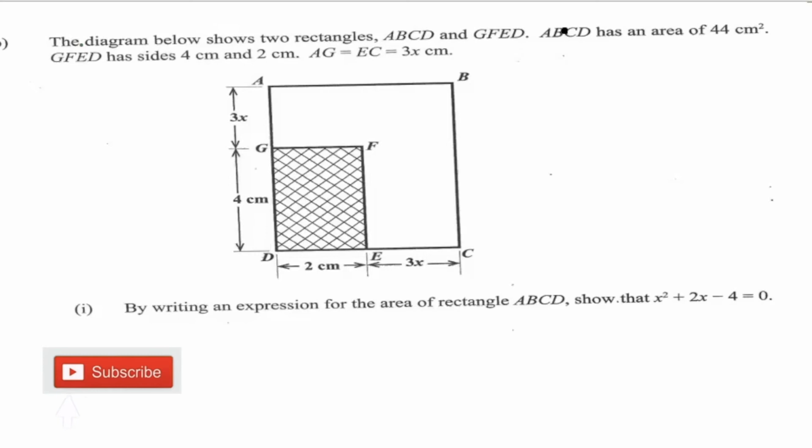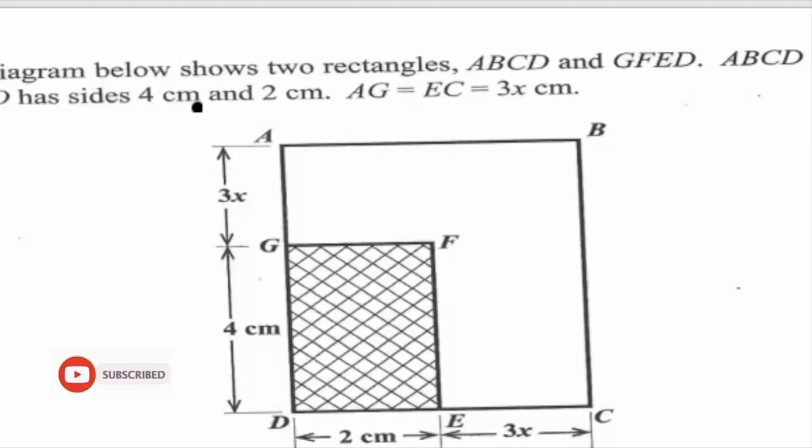ABCD has an area of 44 centimeters square, and GFED has sides 4 centimeters and 2 centimeters. Here you see 4 centimeters, 2 centimeters. AG is equal to EC. So AG is the same as EC, which is 3x centimeters.